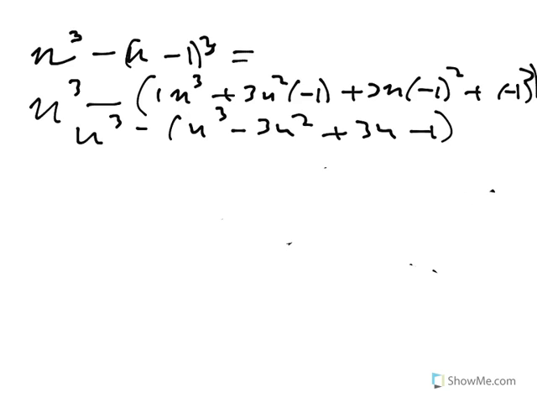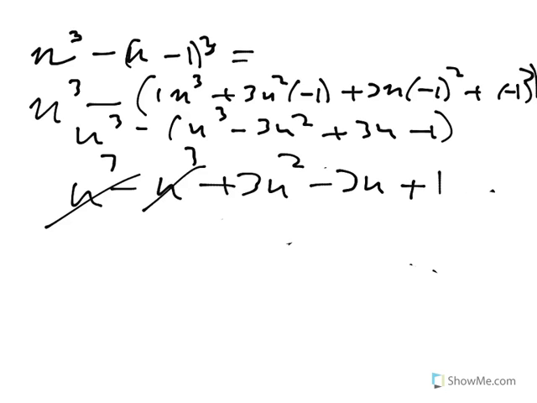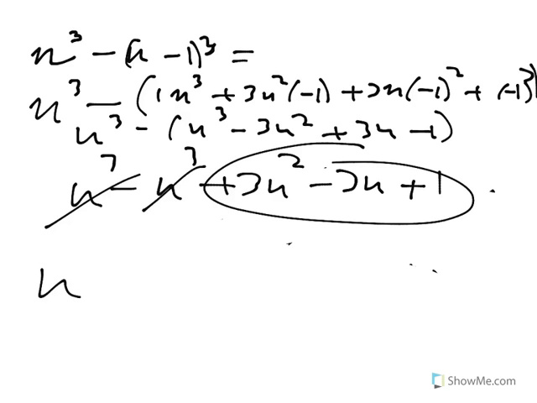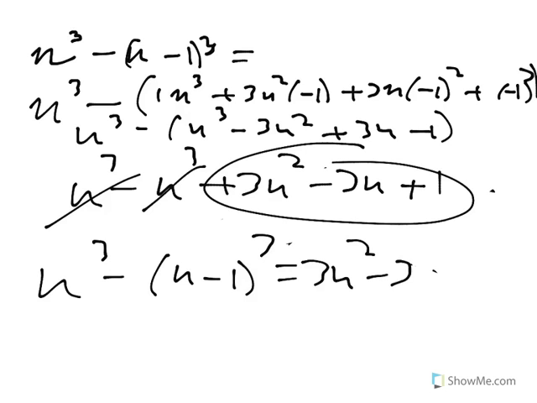And then when I distribute through this minus, I get minus n cubed plus 3n squared minus 3n plus 1, and these cancel out. So I now have this sort of identity: 3n squared minus 3n plus 1.